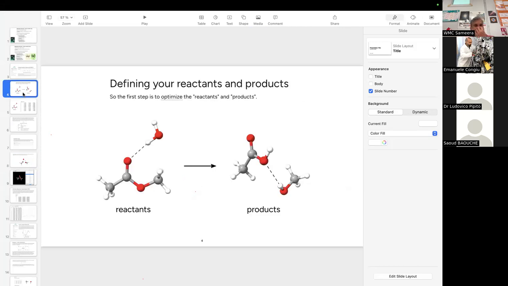To do that, you must use an approximate reactant structure, and you are going to make an approximate product structure. That must be approximate, not perfect. And also you can use both reactant and product together with the transition state if you want to run an NEB calculation. So you have two options.